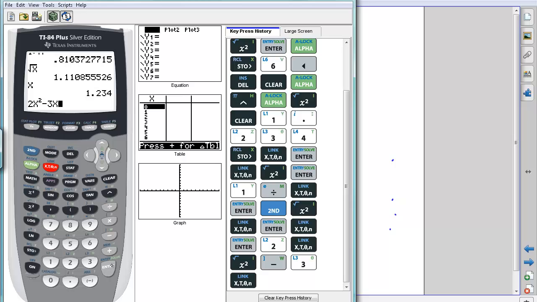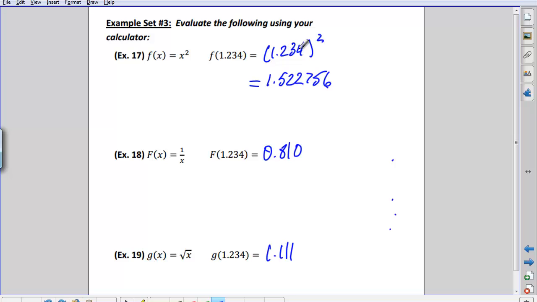I can actually just type that in, 2x squared minus 3x, and it'll plug that x value into that function. So you can take a big complicated function, some polynomial that normally is maybe a little bit tricky to get something plugged into, store it as that variable, and then run it through just like that. So just a calculator trick. Now there's nothing wrong with just doing it like this, like we did earlier. Just wanted to show that to you.